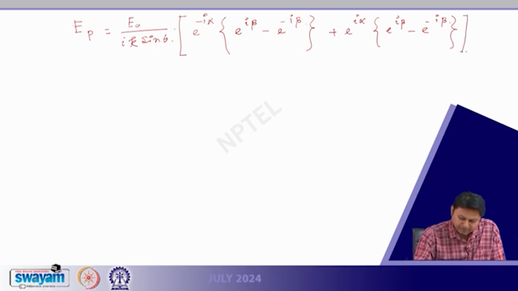With the fact that alpha and beta, let me write down the alpha and beta once again. Alpha was k by 2 a sin theta and beta was k by 2 b sin theta.